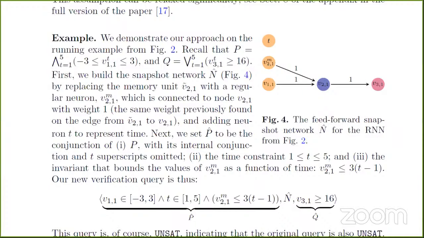So you have built this snapshot network N hat, which is shown here. You replace the memory unit 21 tilde with the regular neuron 21M, connected it to the same hidden neuron with the same weight, and added an extra neuron to represent time.